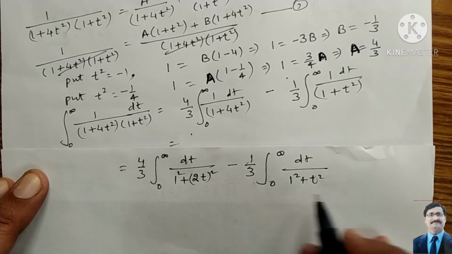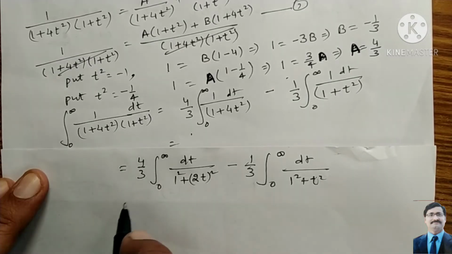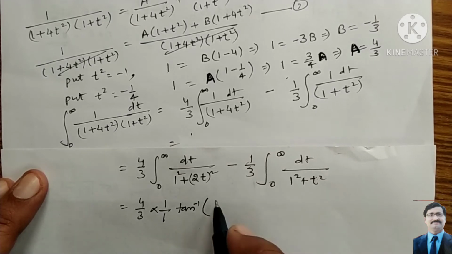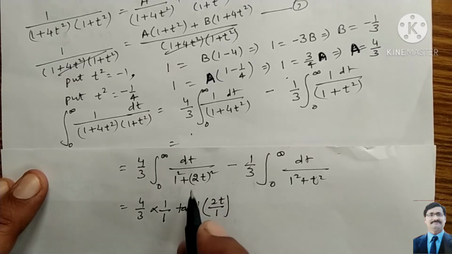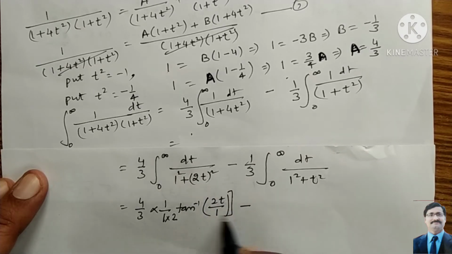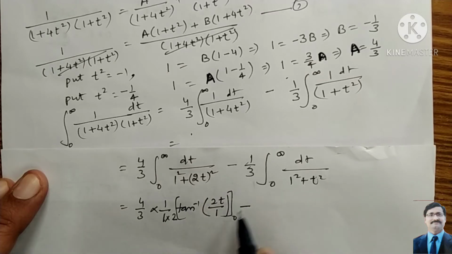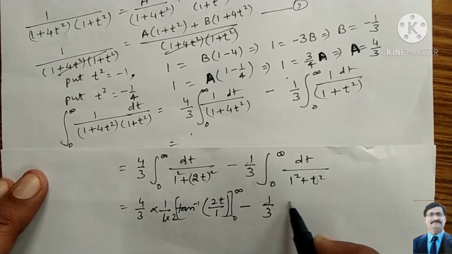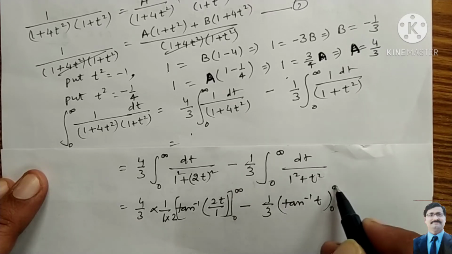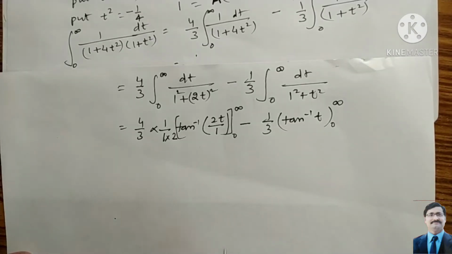We already know the formula for this is tan inverse: 1 upon a, here 1, tan inverse of x by a, x is here 2t and a is 1, and because the coefficient of t is 2, we have to divide by 2, minus 1 upon 3 tan inverse t, with limit 0 to infinity.